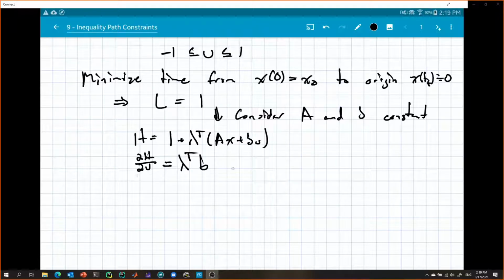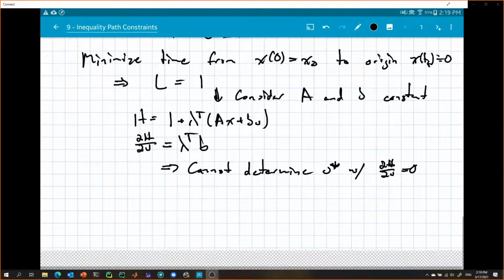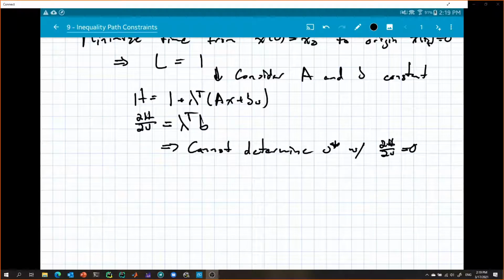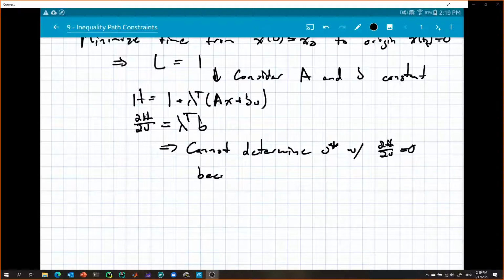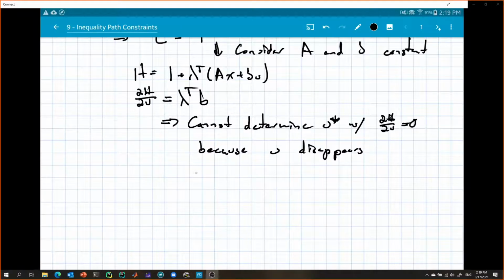So we can't solve this for u and get our control law. We can't use the partial of H with respect to u equal to 0, because u disappears. So that means we must use the minimum principle.